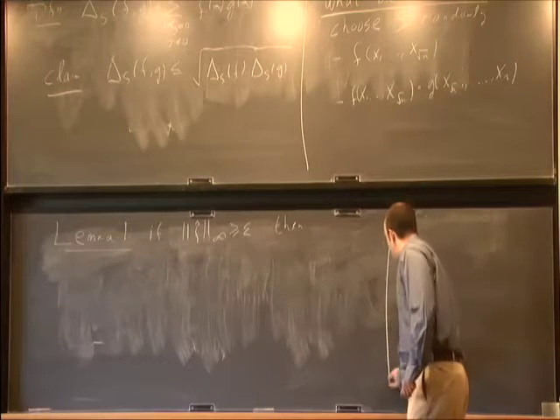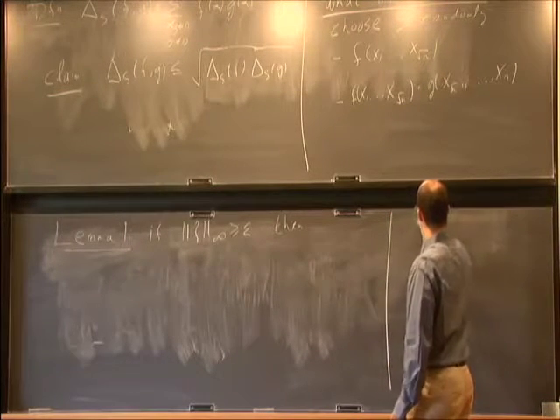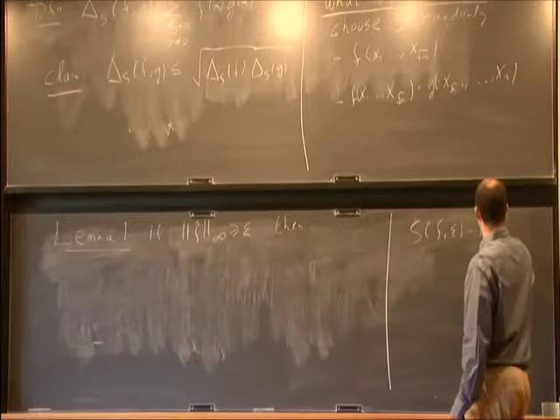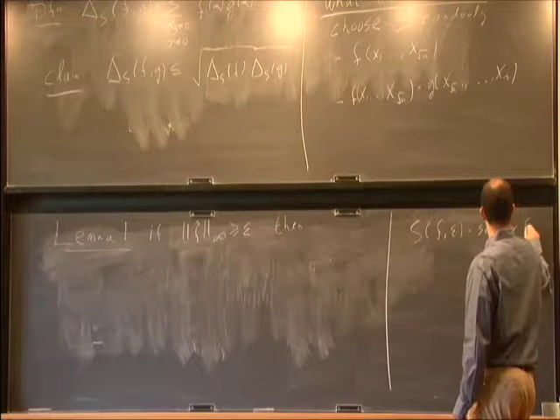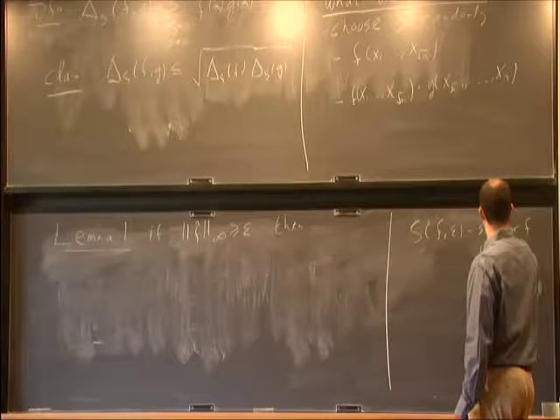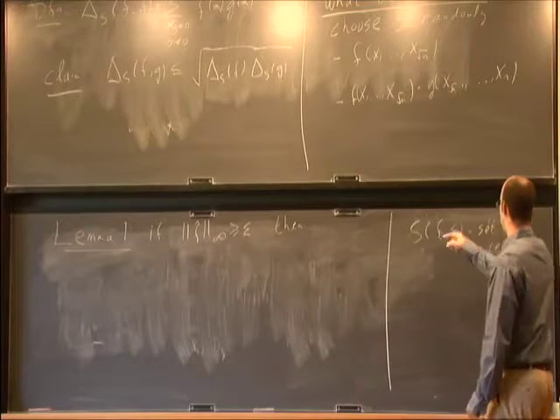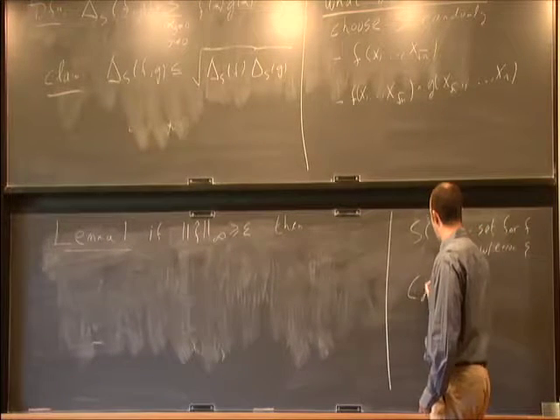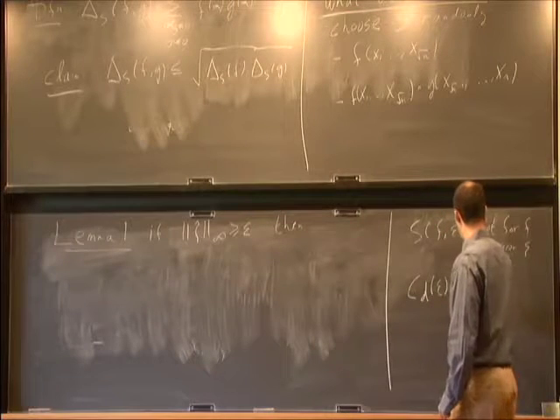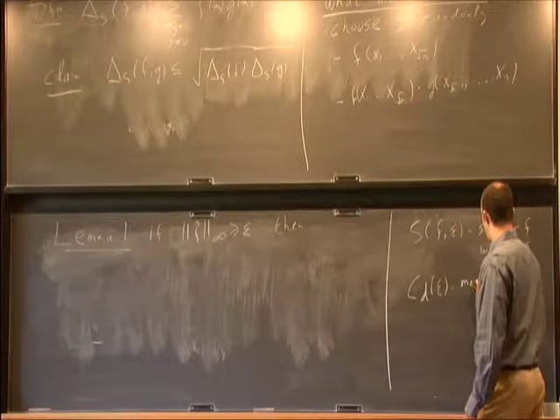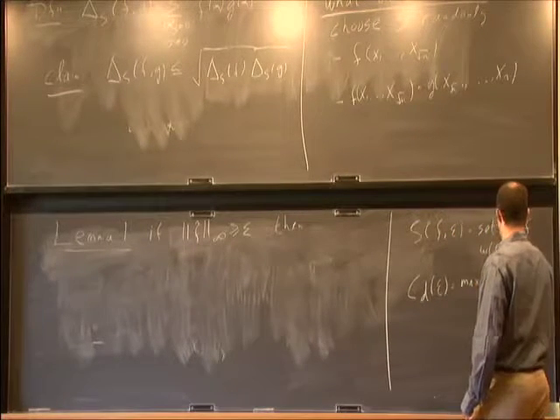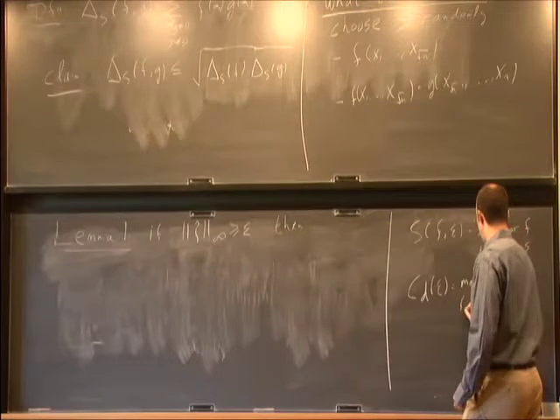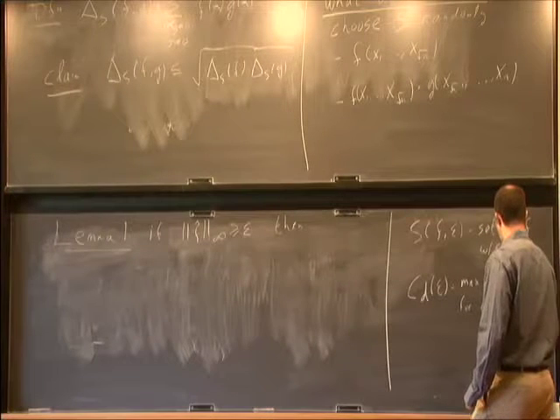So let me just do a bit of notation. Let S_f,epsilon be this set for f with error epsilon. It's just the set this theorem guarantees. And let's call C_D(epsilon) the maximal size of the set S_f,epsilon for the greedy f.